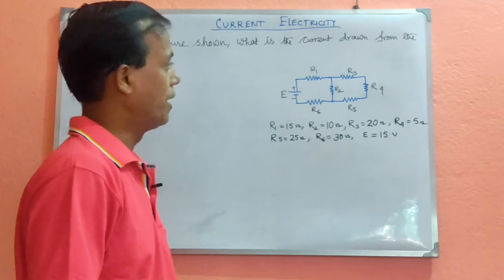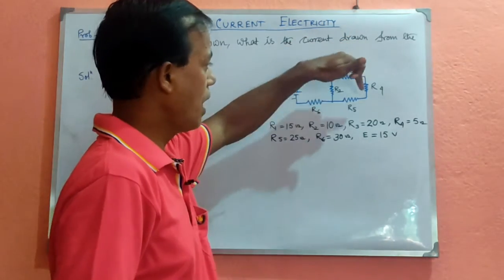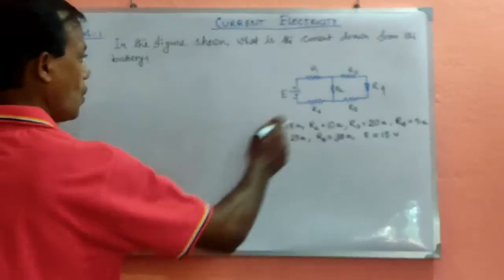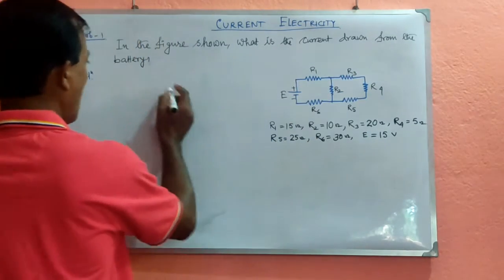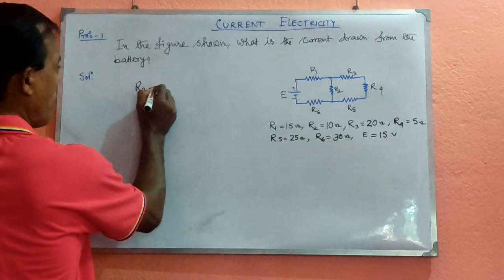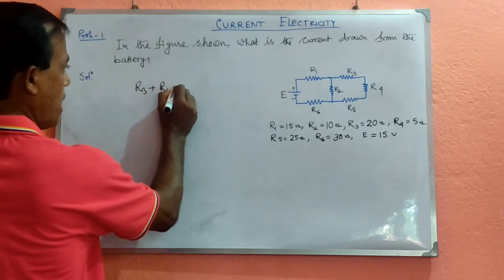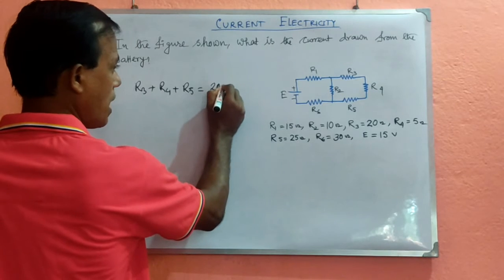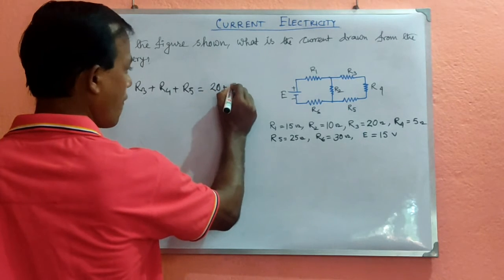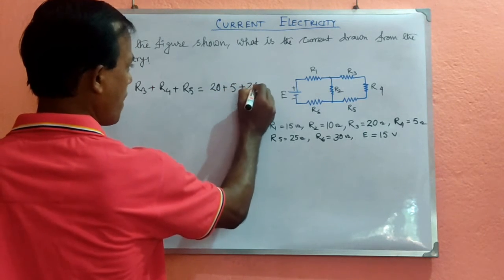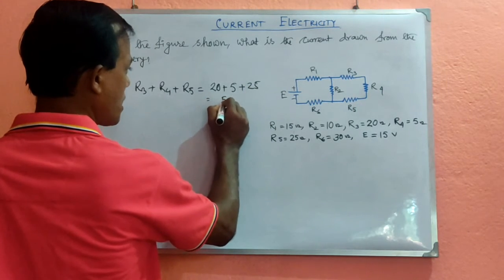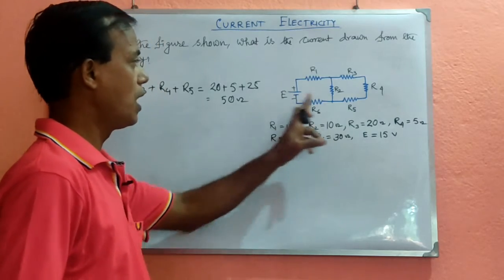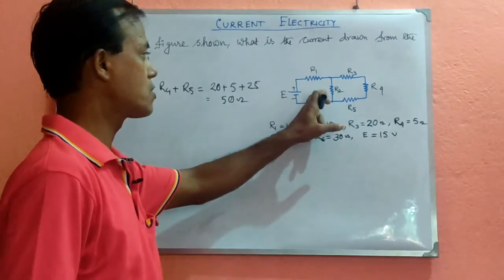Now look here, R3, R4 and R5, all three resistances are in series combination. So the net R3 plus R4 plus R5 is equal to 20 plus 5 plus 25. So it comes 50 ohms. This 50 ohms is in parallel with R2.